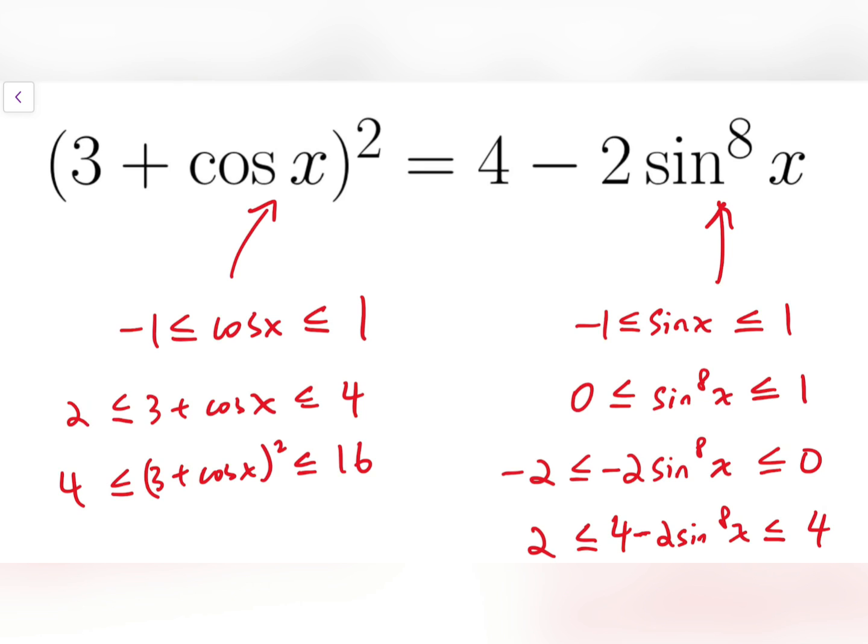Now, we've obtained the range of both sides separately, and we notice that they're actually almost disjoint, except when both sides take 4. That's the only case when both sides can be equal, as in the equation can still hold.